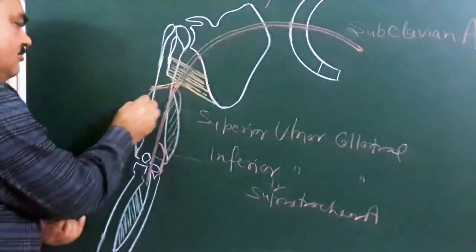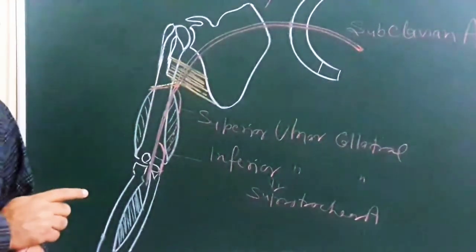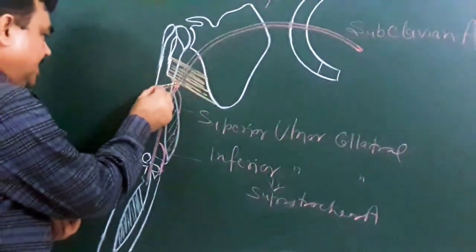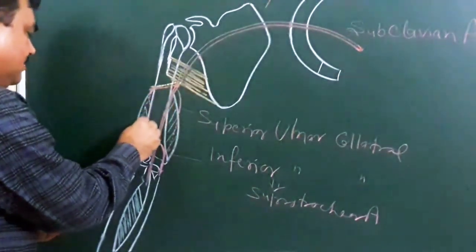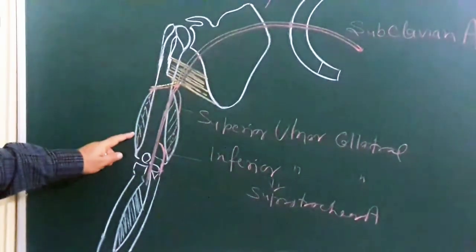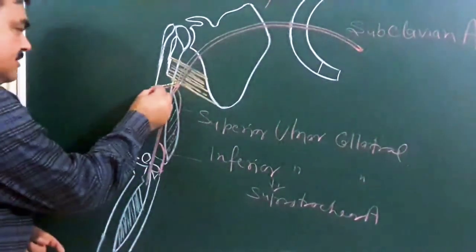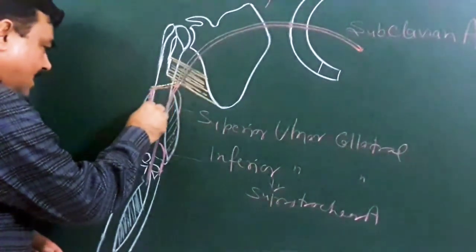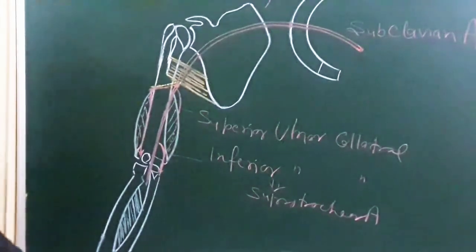One branch lies behind the lateral intramuscular septum, that is the posterior descending branch. And there is the anterior descending branch, which pierces the lateral intramuscular septum and becomes anterior to it.